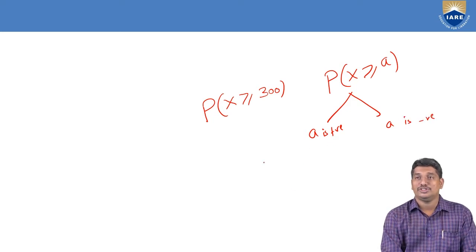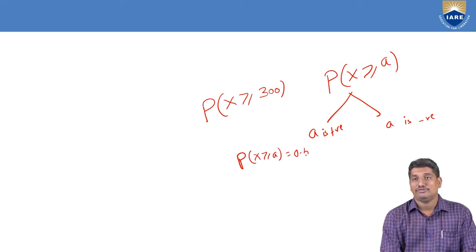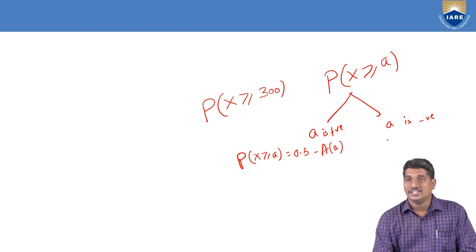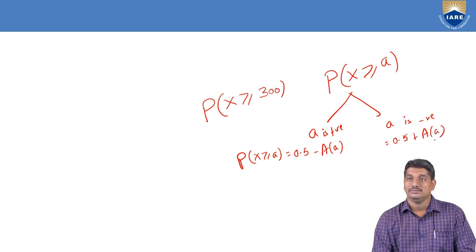When a is positive, we write the formula as P(x ≥ a) equals half minus the area under a. When a is negative, we use the formula half plus the area under a.